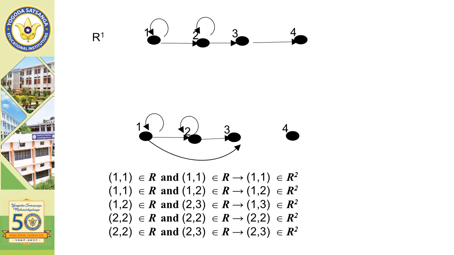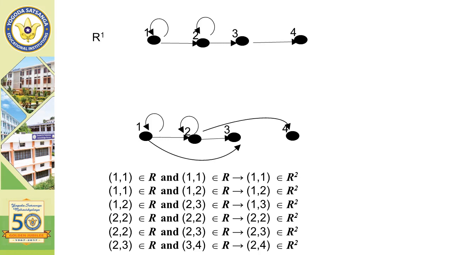(2,2) belongs to R and (2,3) belongs to R, so (2,3) is in R square. (2,3) is in R and (3,4) belongs to R, therefore (2,4) is in R square. It is shown in the graph.